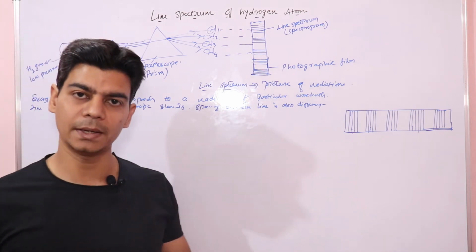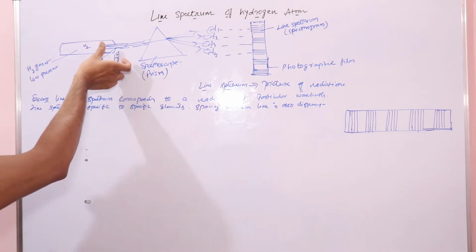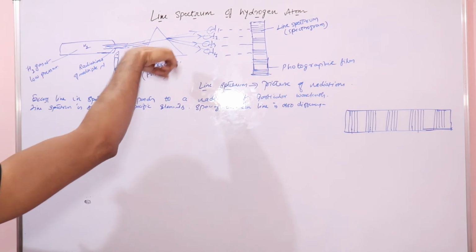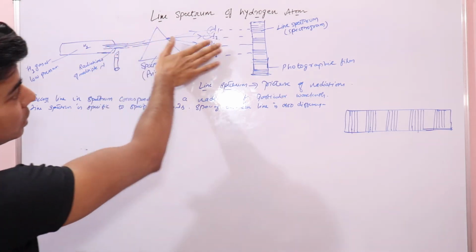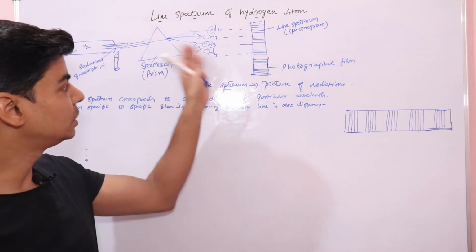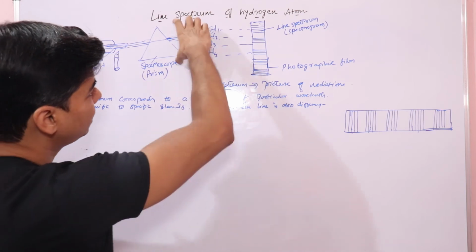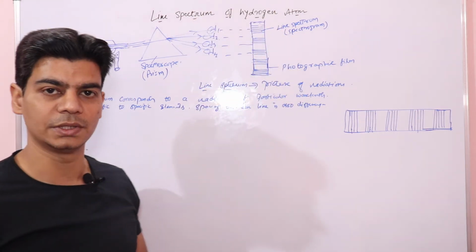We will understand why they are of different wavelengths. The spectroscope resolves these radiations into the constituent wavelengths, and when they fall on this photographic film, they form this line spectrum of the hydrogen atom.